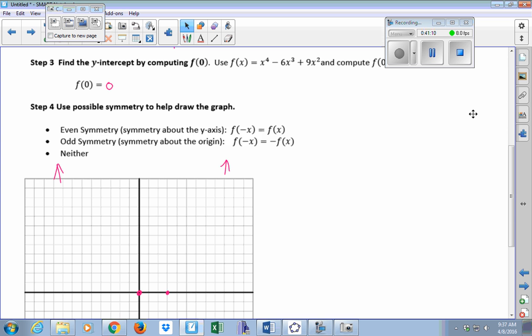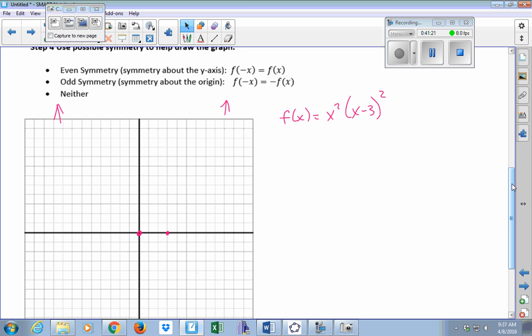So I'm going to rewrite this in factored form right beside it because that's really what's most helpful in terms of graphing. Now here's the key idea. When we set that factor equal to 0, it gives us 0, and that one gives us the 3. So what's happening at these two zeros? They're being kissed.